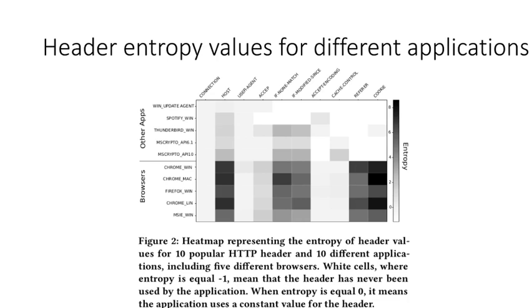So you can see from the browsers that the entropy of cookie values, referrer and host is very high. They change all the time depending on the website you are connecting to. So it's very hard to use those fields to predict whether you're using Chrome or Firefox or something else.